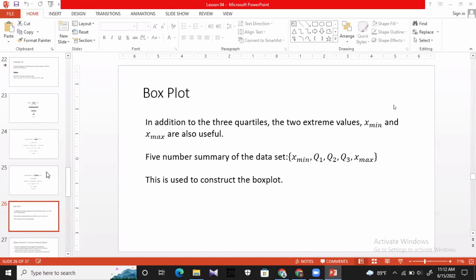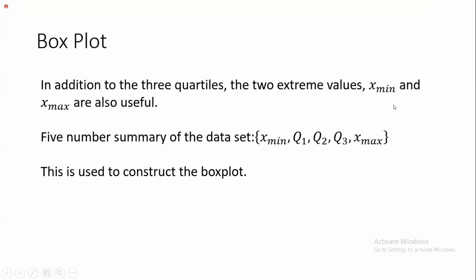Now let's see how to construct a box plot using these quartiles and minimum and maximum values. In your ovals, you know how to draw this box plot, no? Right. To draw a box plot, we should know 5 measures.